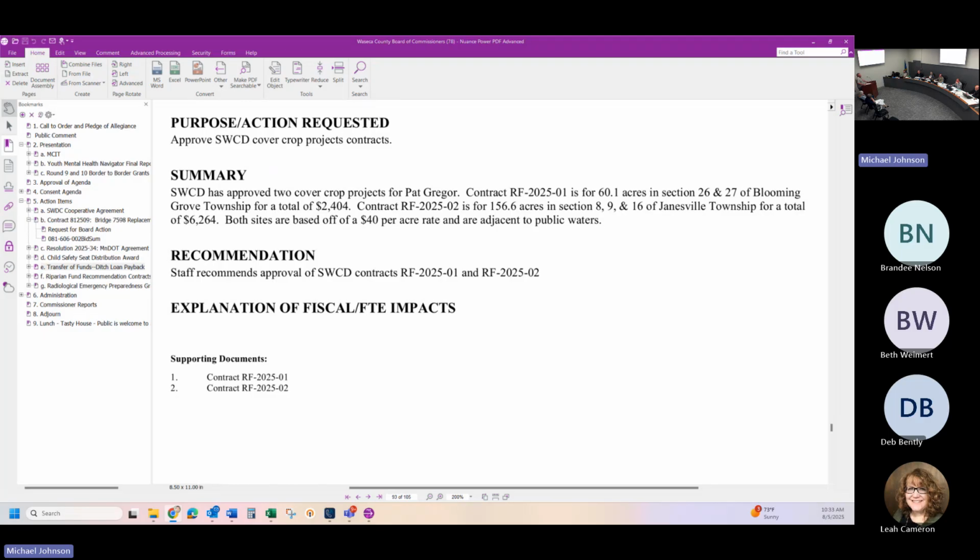We have talked with Soil and Water saying that in terms of riparian funds for cover crop contracts, we're trying to limit that to about $25,000 per year, as we've turned part of the riparian fund into a budgetary item where we're using some of that yearly allocation to offset some department wages and some other things.